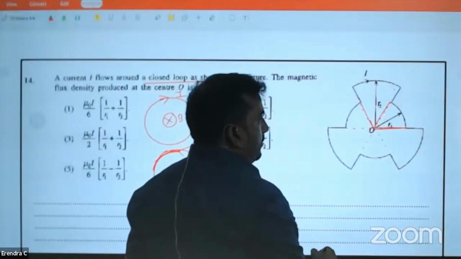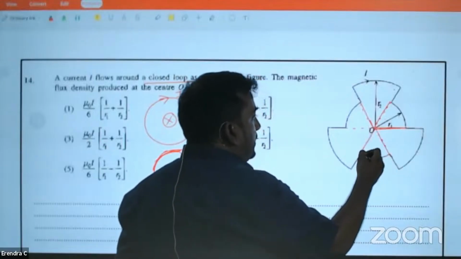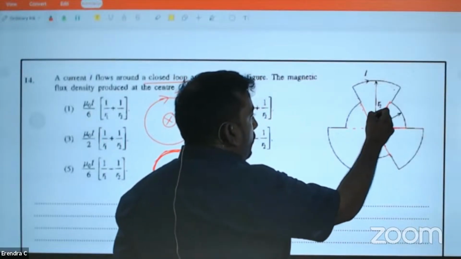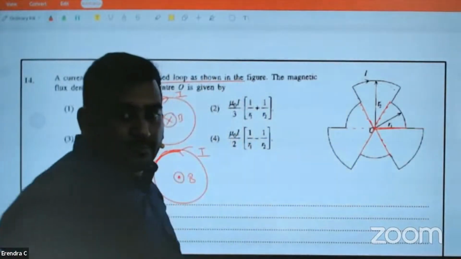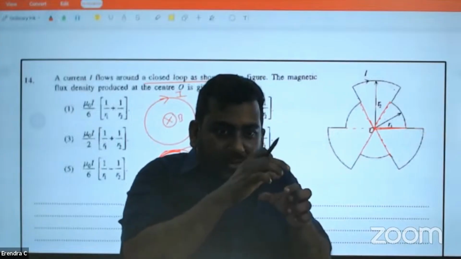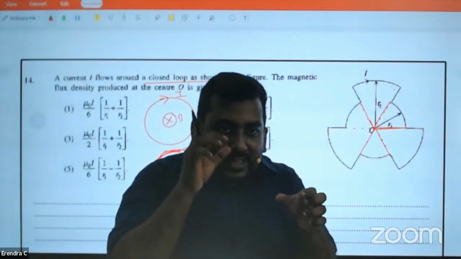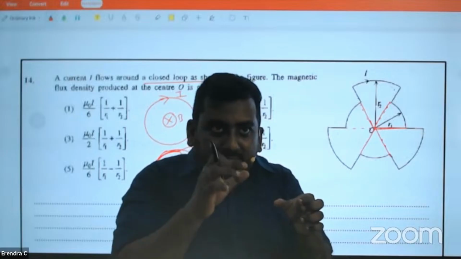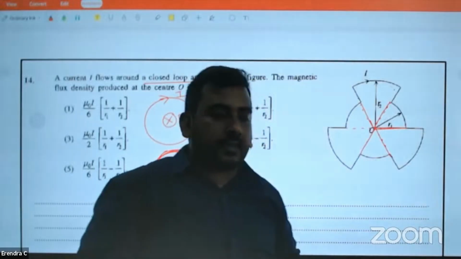Here the other one. Here the other one. 1, 2, 3, 4, 5, 6. If you take a pizza and cut it into 6 equal angles, each angle will be how much? 360 divided by 6, 60.